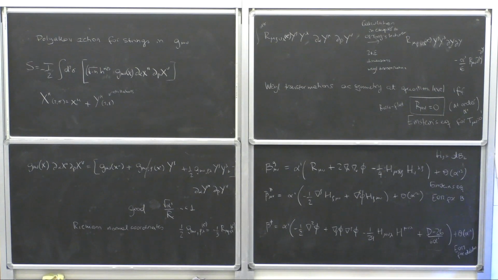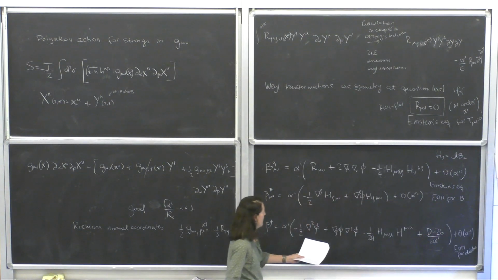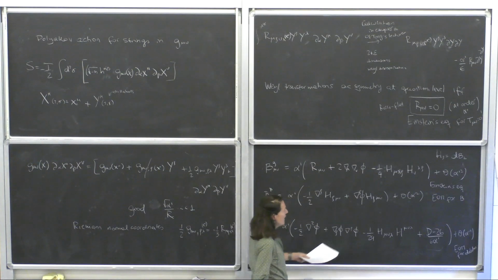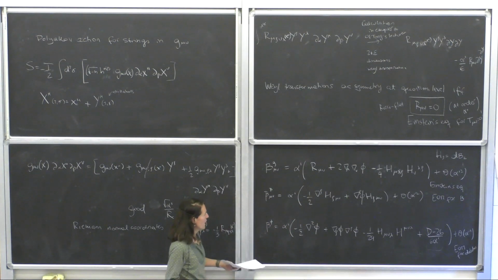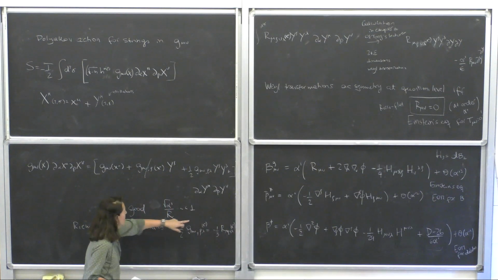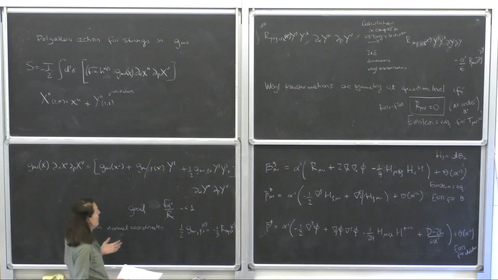If this is not 26, then I have to balance this term with some derivative of the dilaton or some H field. But this means that the dilaton should vary in scales which are 1 over square root of alpha prime. So I'm not really in this regime, where the variation, so this is the radius of curvature variation of the metric, but this variation of everything.